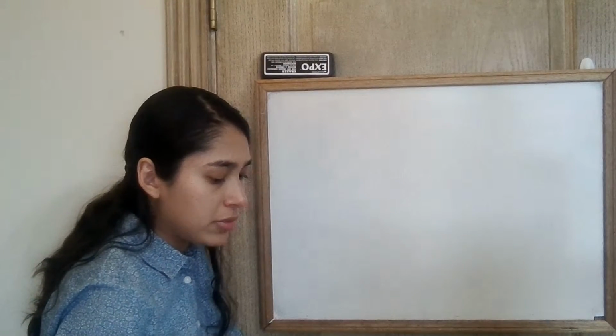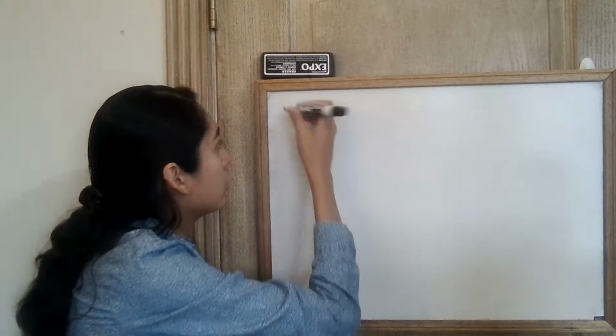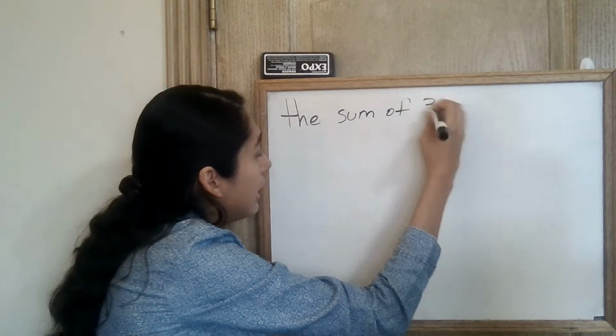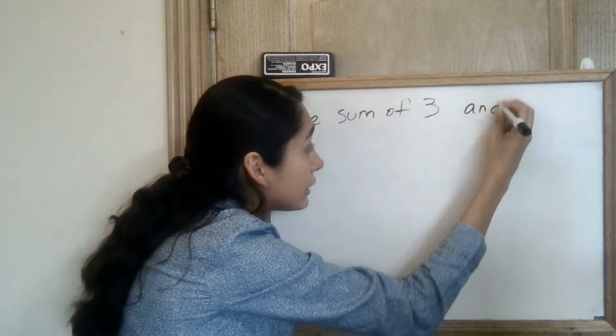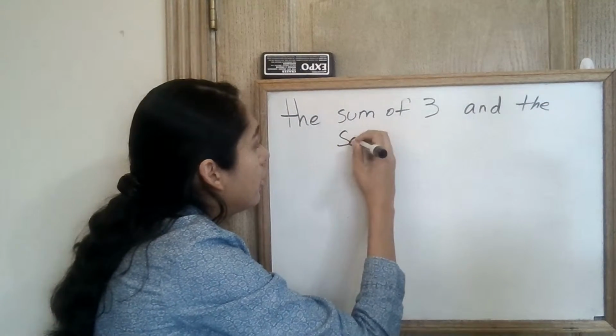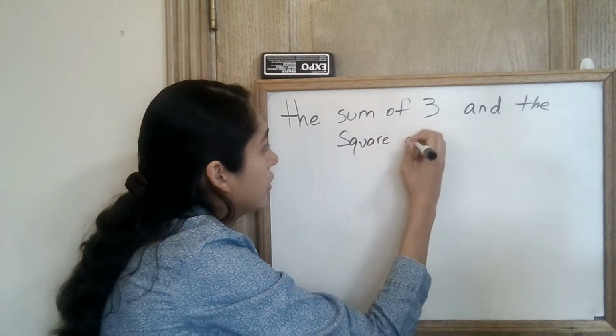Next, we have the sum of 3 and the square of a number. The sum of 3 and the square of a number.